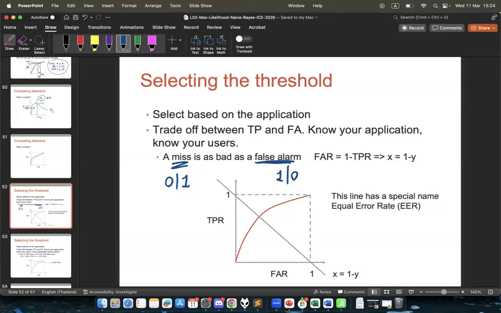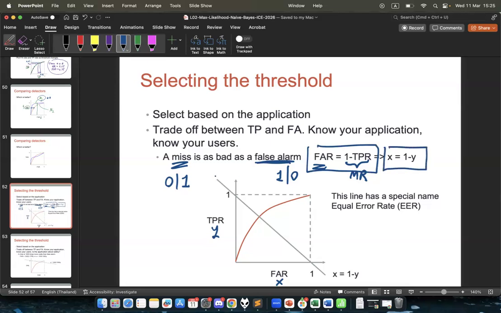If these two errors are the same in terms of cost, this means the false alarm rate is the same as the miss rate, which is 1 minus true positive rate. These are equal. In this plot, TPR is Y and FAR is X, so this has to be true.